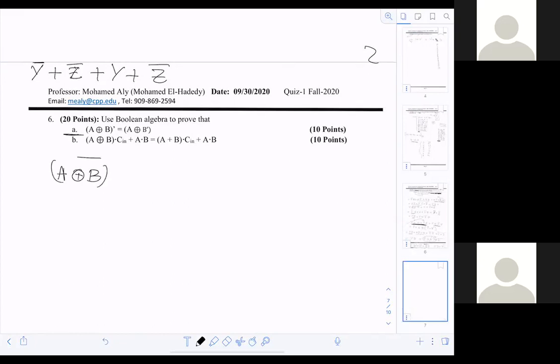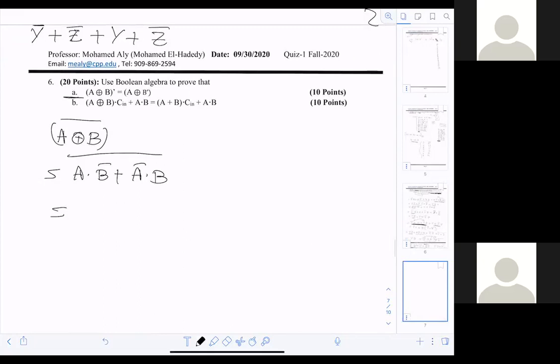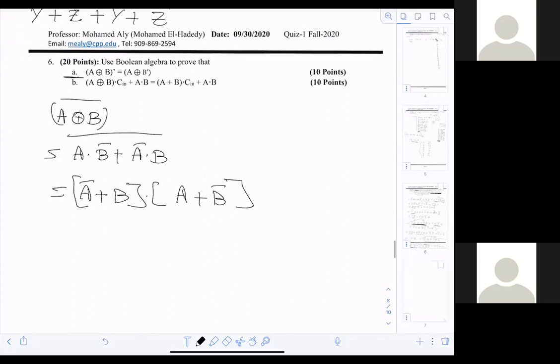So to prove this, I made it equivalent to A complement B plus A B complement, and the entire thing is complemented. That equals A plus B complement times A complement plus B. Is this correct, what I did?